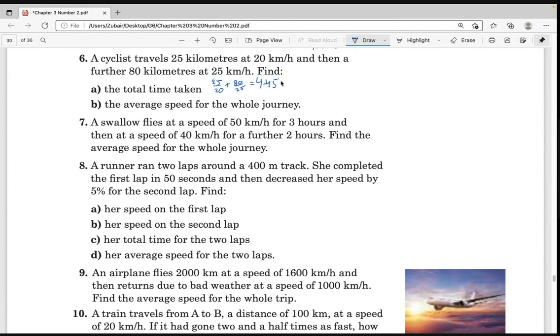Yes, sir. And hours. Average speed: 23 kilometers an hour. Yes. 23.59 or rounded to 23.6. Yes, sir, 22.5. Haris, same answers or any confusion? No, sir.